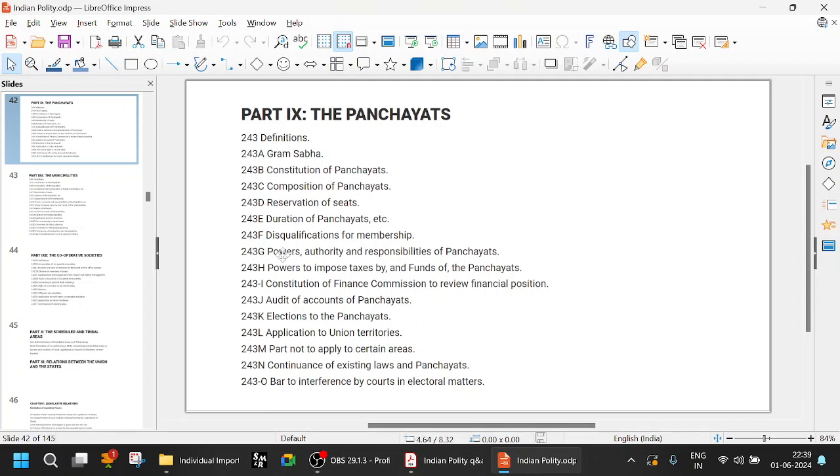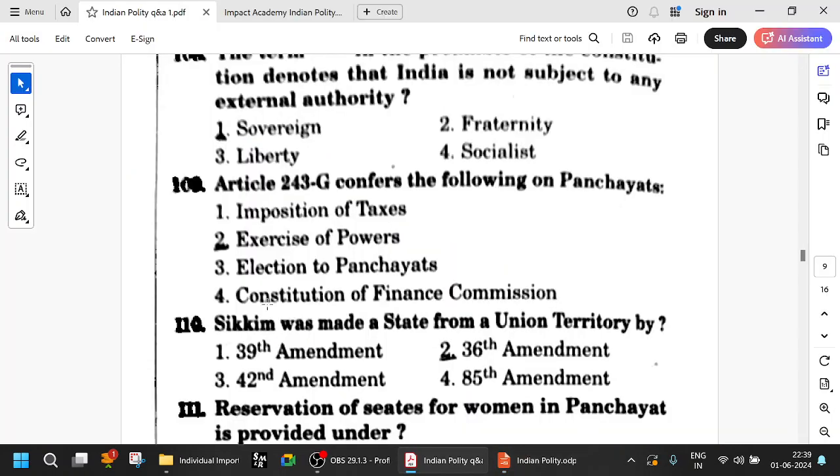We remembered this as GPA, right? G for powers and responsibilities. So AG, BC, CC, and reservation D, ED, FD. GPA. So here it's talking about Article 243G, which deals with the exercise of powers and authorities of the panchayats.